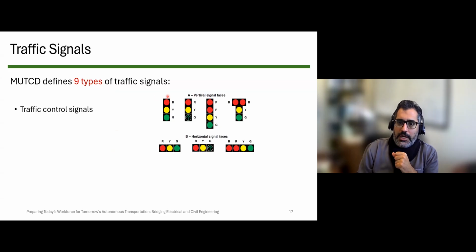We have different configurations, depending on the lane configuration, depending on the movements that are allowed at the intersection. We have a separate module that is only for traffic signals, and I'll talk more about the traffic signals in that module.